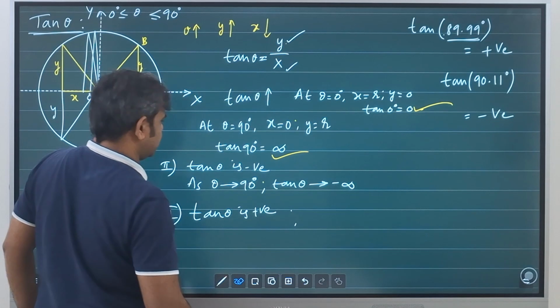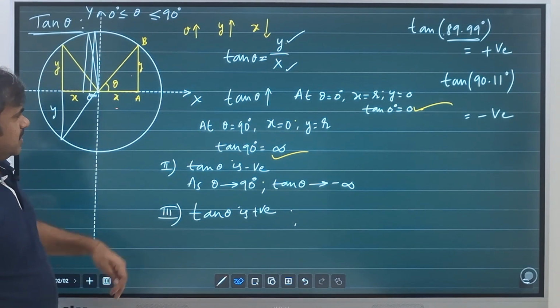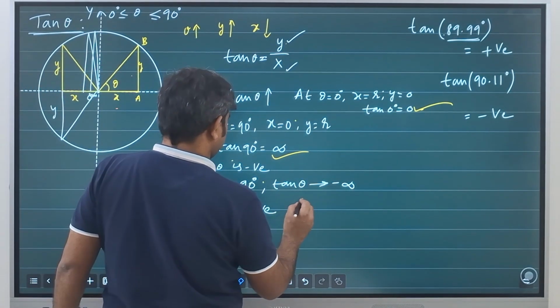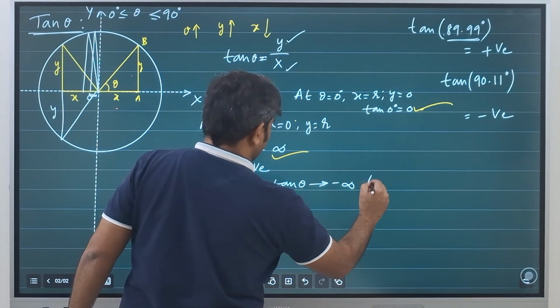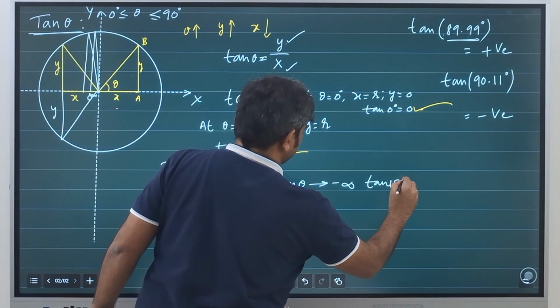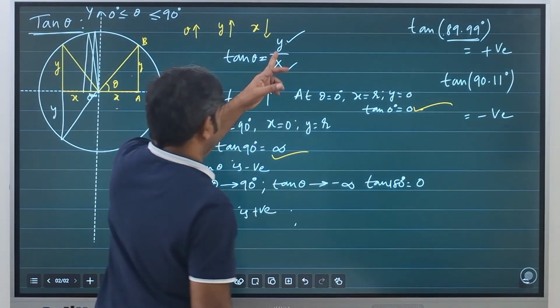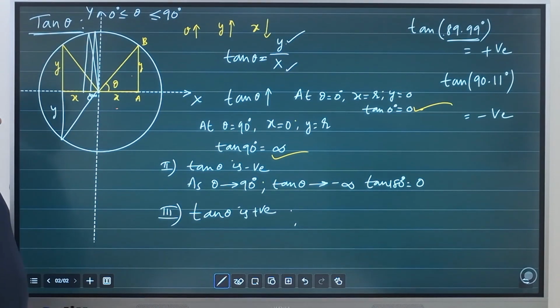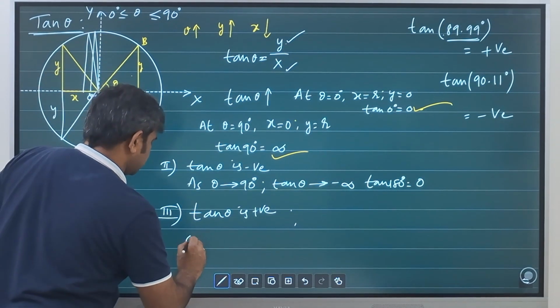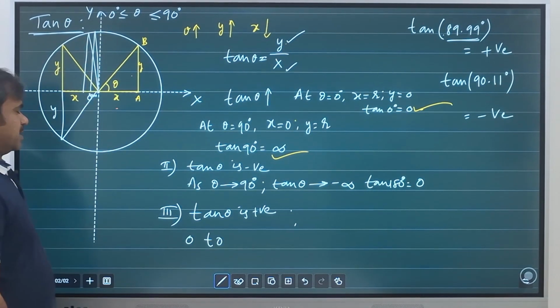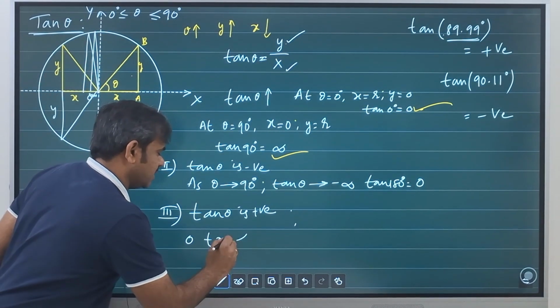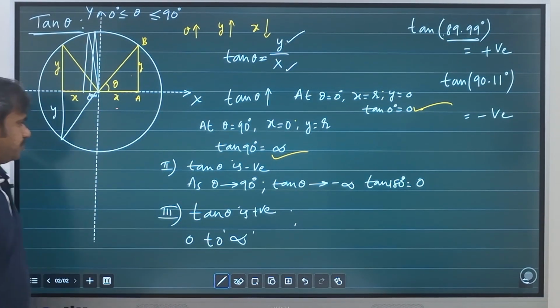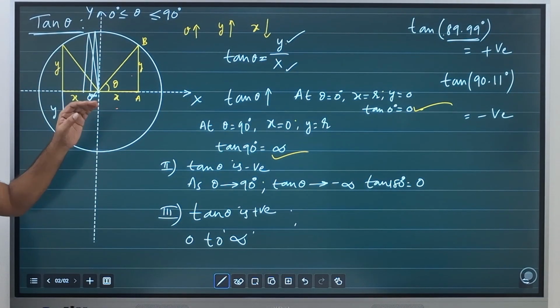Tan 180 degrees is 0 because y becomes 0. So in the third quadrant, the value of tan theta changes from 0 to plus infinity.